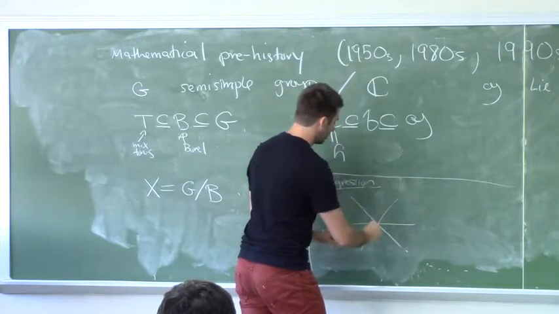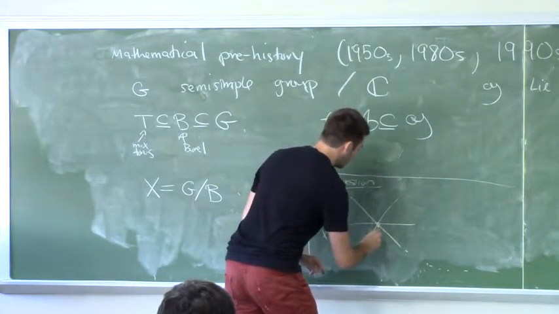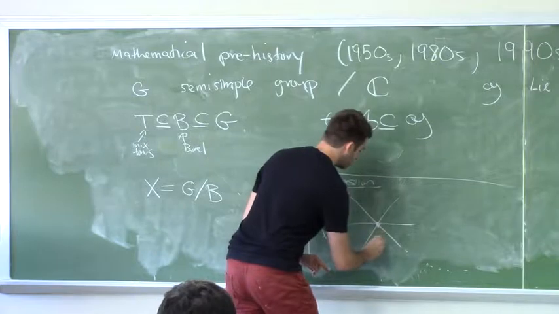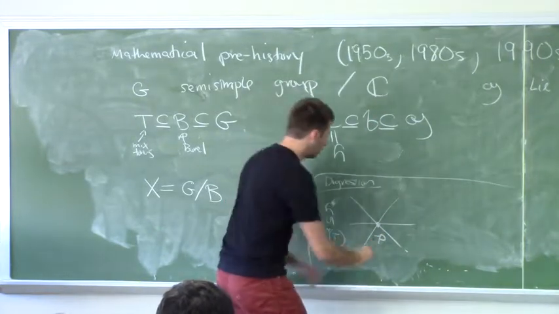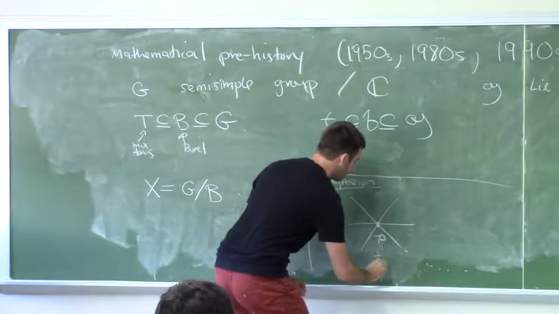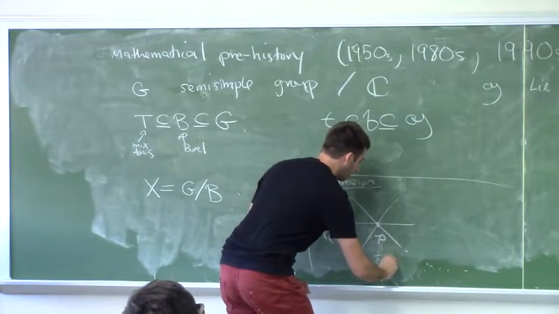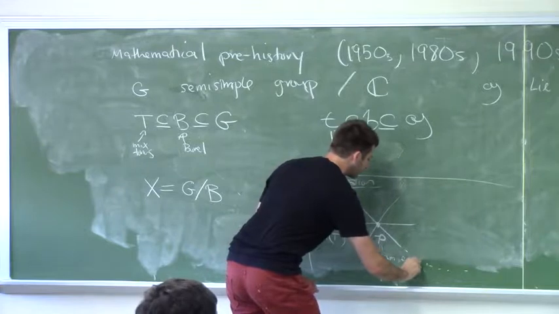And I'm going to take the normal picture that we talked about, and then I'm going to shift it by minus rho. This is equal to the half sum of the positive roots.